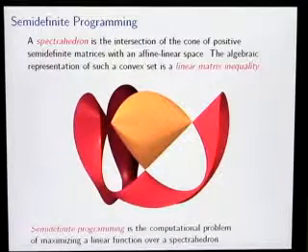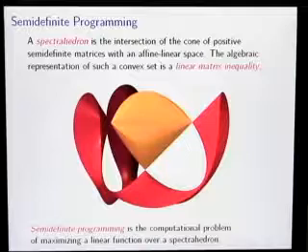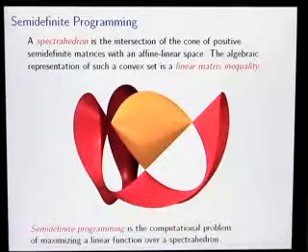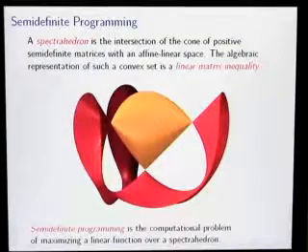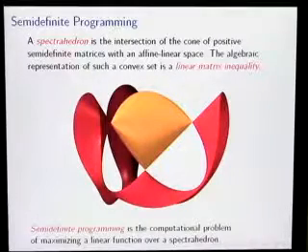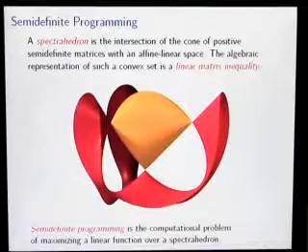This yellow convex object is a typical example of a three-dimensional spectrahedron, a three-dimensional family of positive definite 3x3 matrices. And semi-definite programming means optimizing a linear function over such a yellow body.